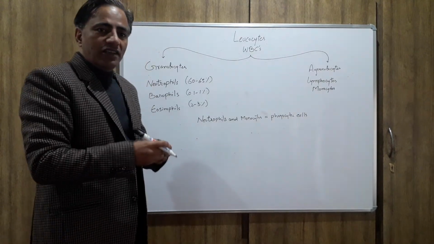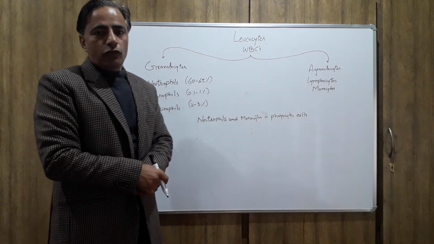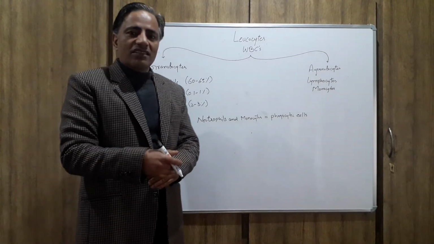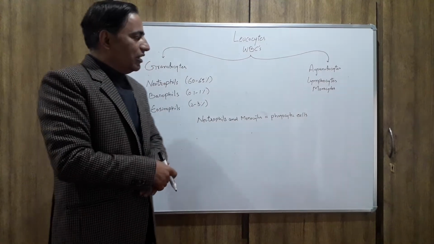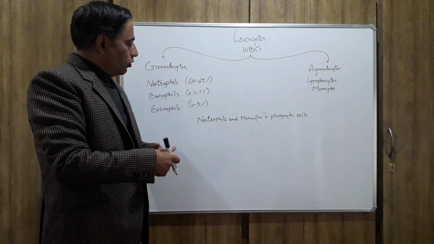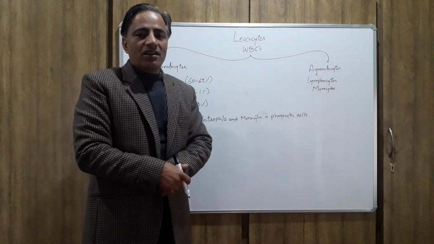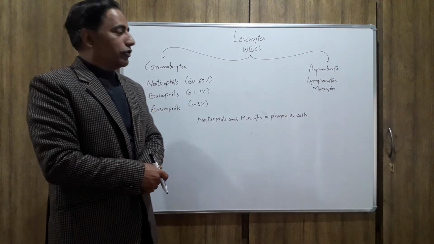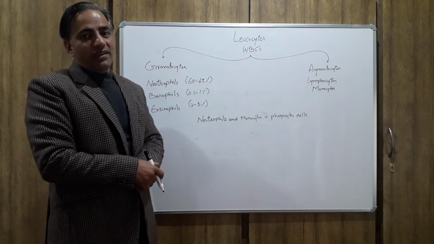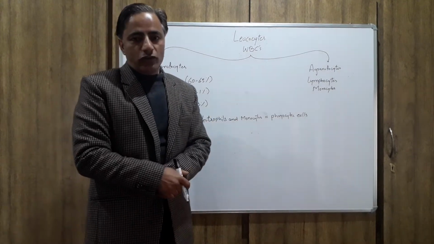That is their function: their job is to engulf the foreign bodies, particles, and disease causing agents or pathogens. Whenever they enter the body, the function of the neutrophils and monocytes is to engulf them, destroy them, and then save the body from the detrimental effects of these foreign bodies.